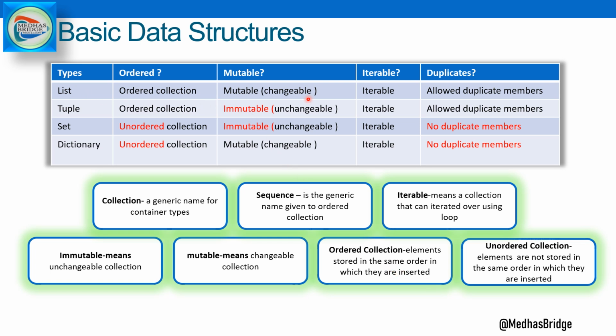Lists are mutable, meaning a changeable collection. Tuple is an ordered collection and immutable. Immutable means an unchangeable collection. Set is an unordered collection. Unordered collection means elements are not stored in the same order in which they were inserted.